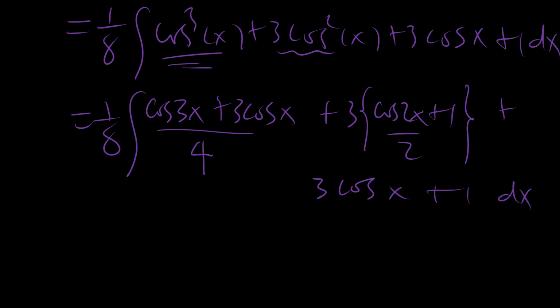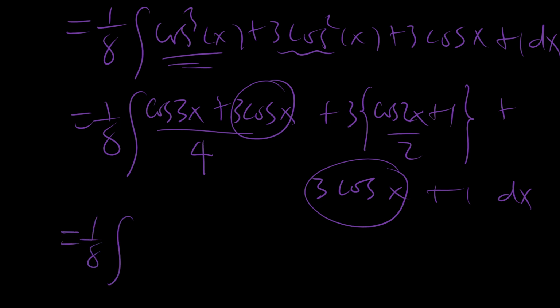So let's collect like terms. This and this go together, and so we have 1 over 8, a quarter cosine 3x, 3/4.